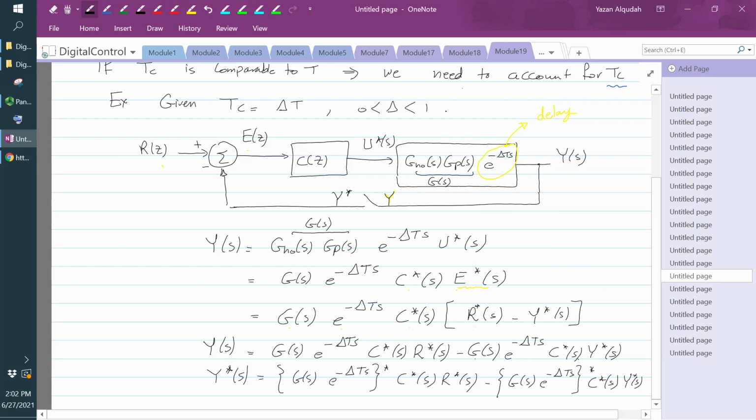And therefore, if I put the G of s with the exponential, Y star is going to equal G of s, e to negative delta Ts star. If I take the star transform of this equation, Y star is going to equal G of s, e to negative delta Ts multiplied by C star multiplied by R star minus, again, G of s multiplied by the exponential star multiplied by C star multiplied by Y star.